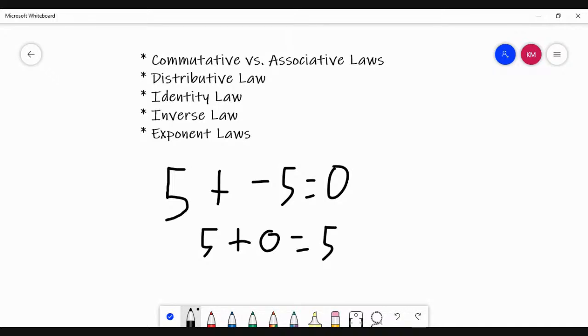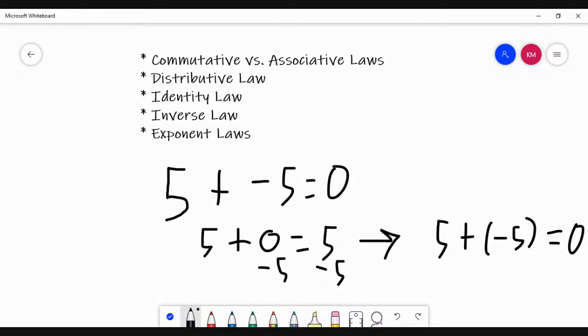Question is, how do I turn the 0 into the inverse, and how do I make the 5 on the other side of the equal sign 0? By subtracting on both sides. So I will subtract 5 from here and 5 from here, which gives me 5 plus negative 5 equals 0.